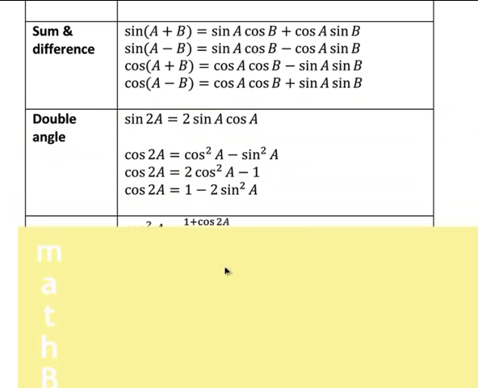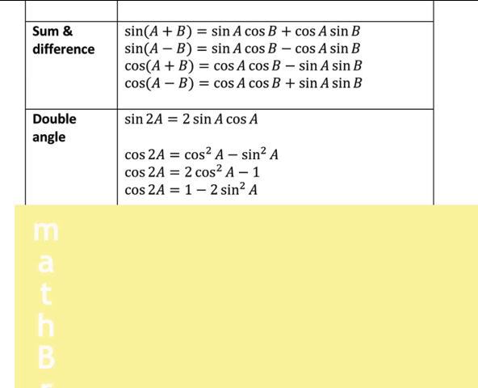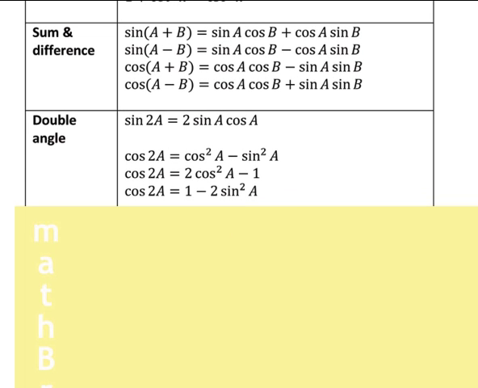And now if we look at the double angle formulas, well, the double angle formulas come from the sum and difference formulas. Let's say sine 2a comes from this formula by replacing b with a. If we just put an a over here, we have a plus a, that's our 2a.